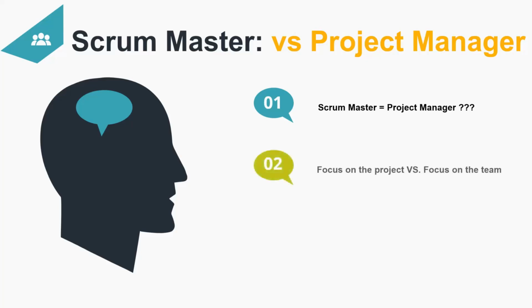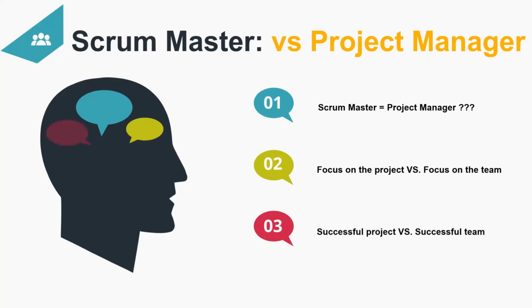The fundamental difference is that the Project Manager's focus is on the project, whereas the Scrum Master's focus is on the team and its members. The Project Manager's job is to ensure that the project is successful, while the Scrum Master's job is to ensure that the team is successful.